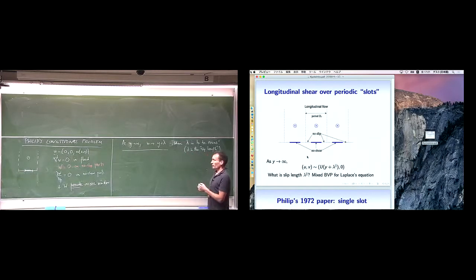So how do we find it? Okay, let's introduce complex potential. Introduce this h function, which is chi plus iW. So in other words, W is the imaginary part of some h.